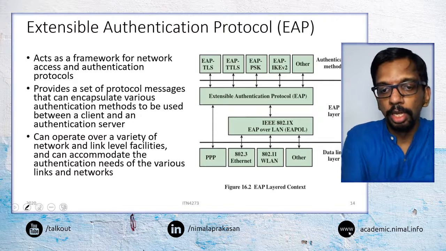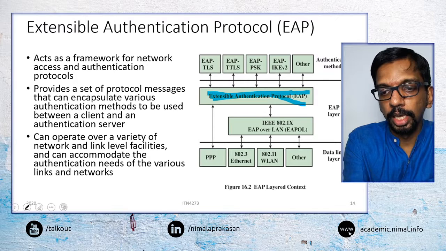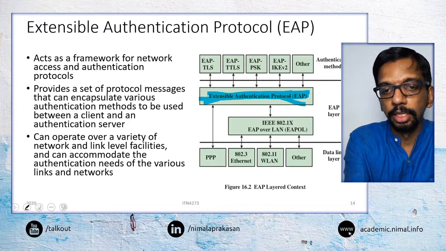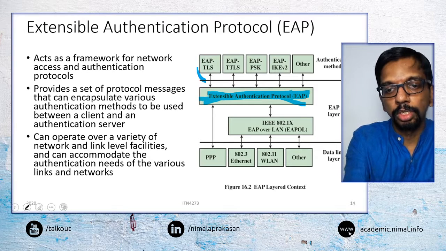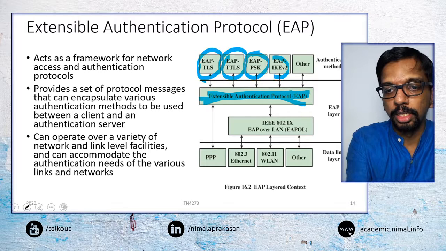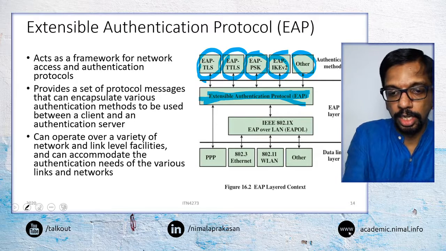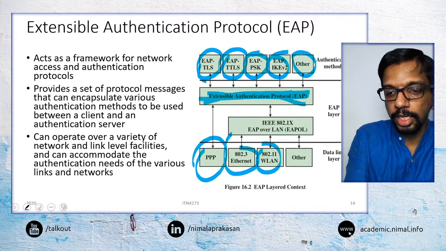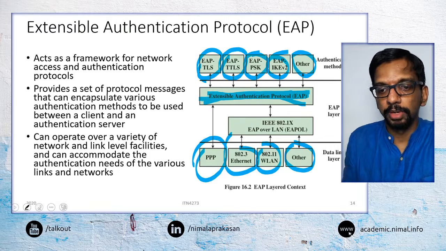For example, if we have the EAP layer here, then we may be able to use different authentication methods at the authentication layer, and underlyingly the data link layer can also have different mechanisms.